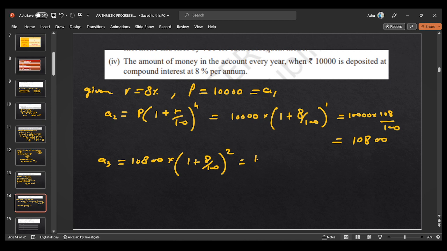Then it will be 108 upon 100, 108 upon 100.